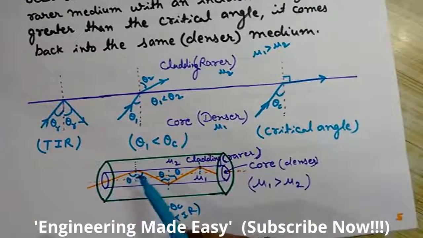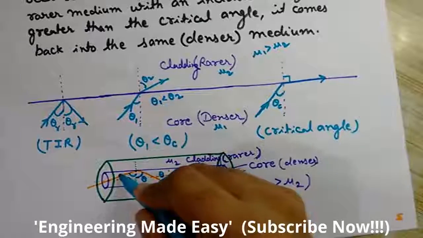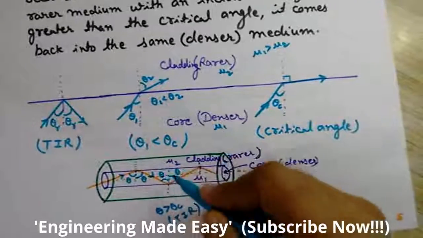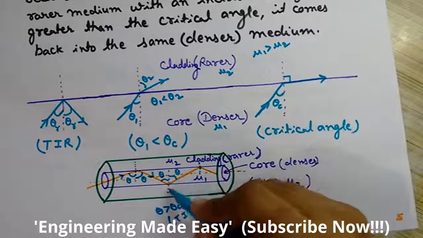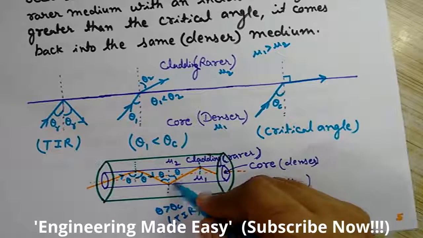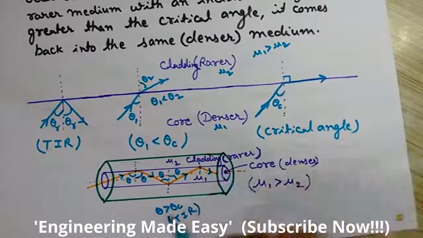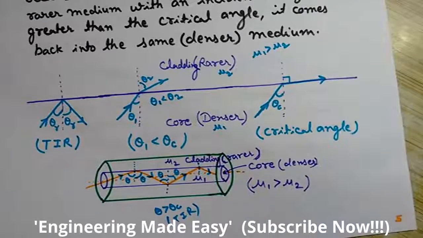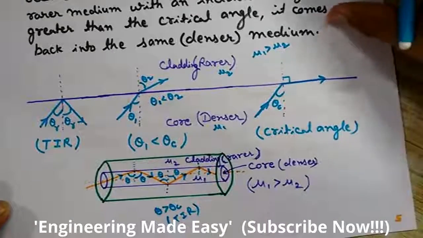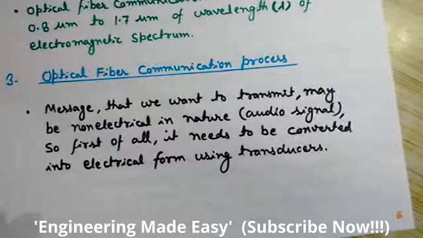So it moves into the same medium. Again at this interface the same phenomenon happens, and this keeps on moving in this way with the total internal reflection, TIR. I think you got the concept.